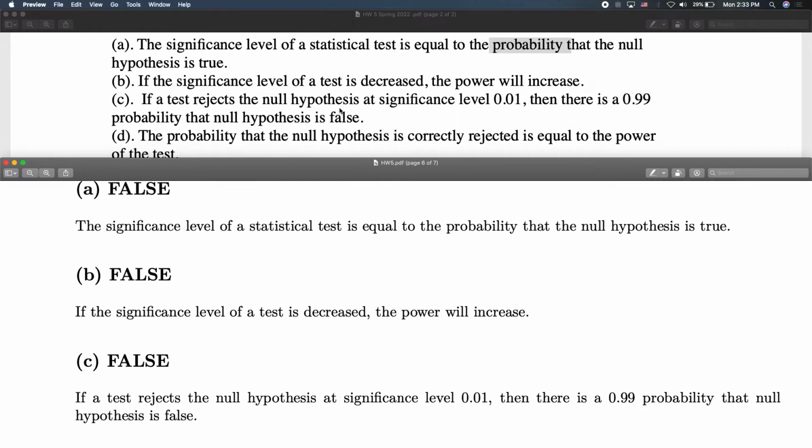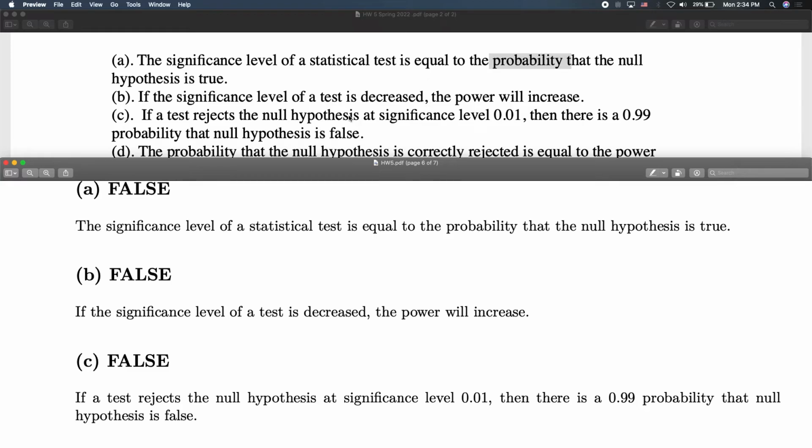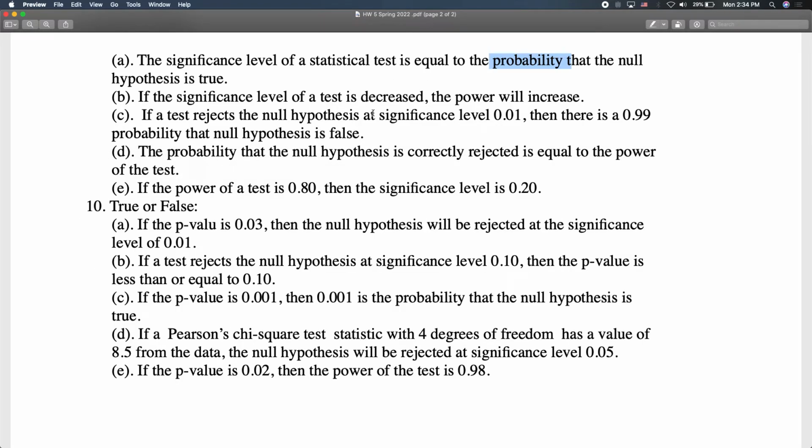And if the significance level of a test decreases, the power increases. For this one, it would be better to refer to the graph for significance and power. If you look at that graph, you will see that it is not the case.